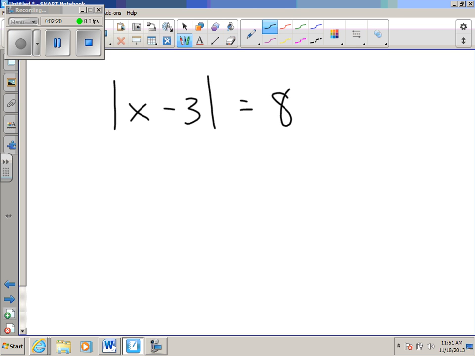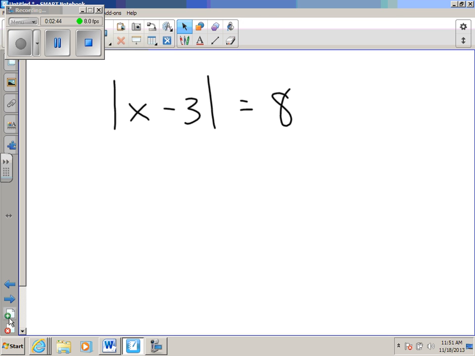Now, based on what you know about absolute value, what is this? If this has to equal 8, then this has to equal what? 8 or negative 8. Because the absolute value of 8 equals 8, or the absolute value of negative 8 equals 8.